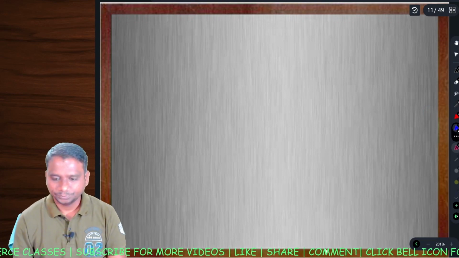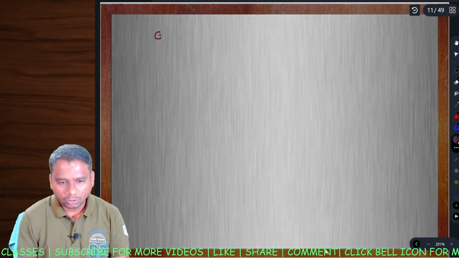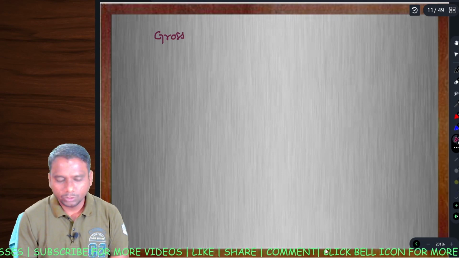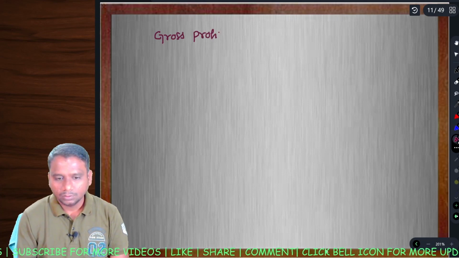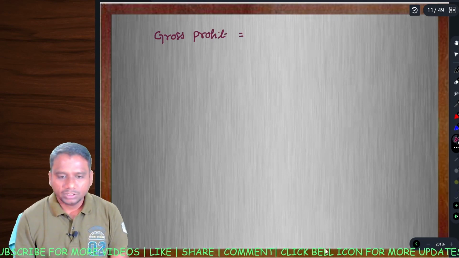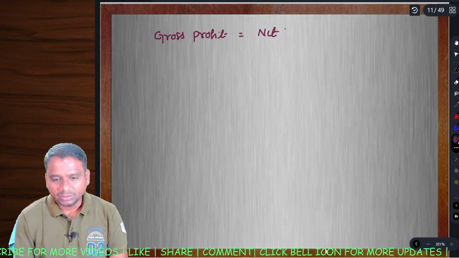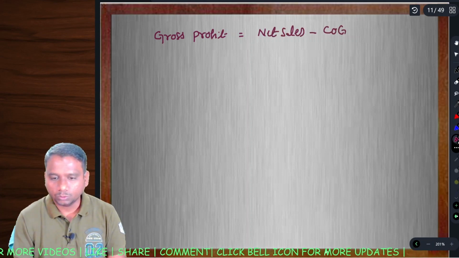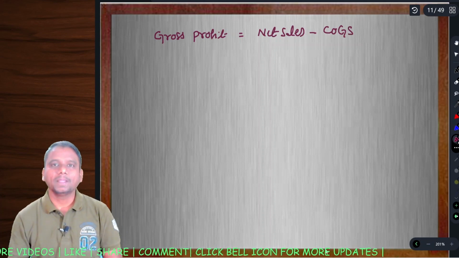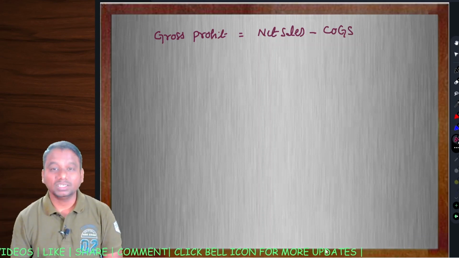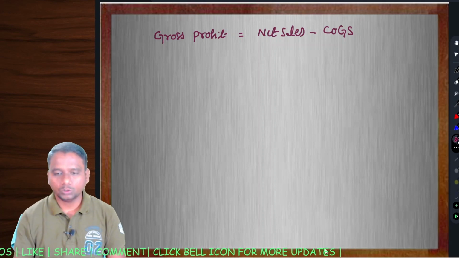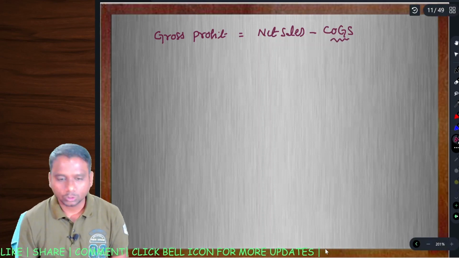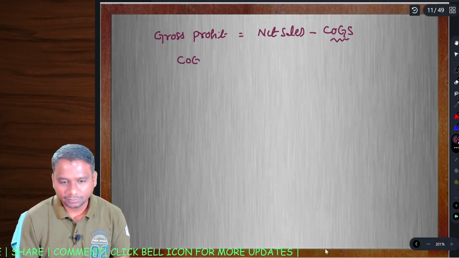Look at gross profit. If you remember, gross profit is equal to net sales minus cost of goods sold. Did you remember this formula? Gross profit is equal to net sales minus cost of goods sold. Here what you need is cost of goods sold, so bring it to the left hand side.